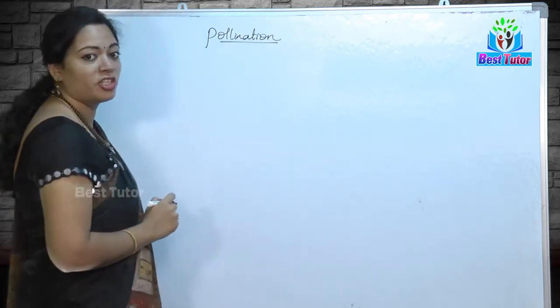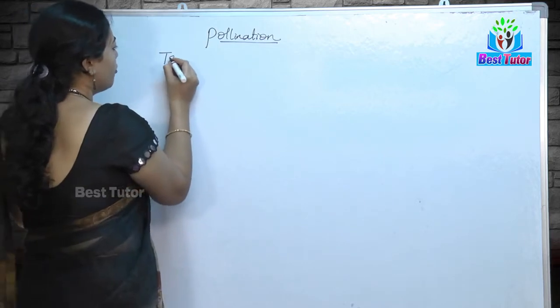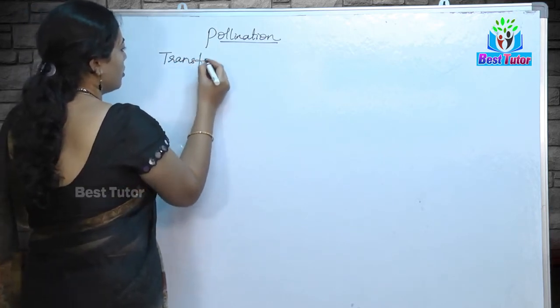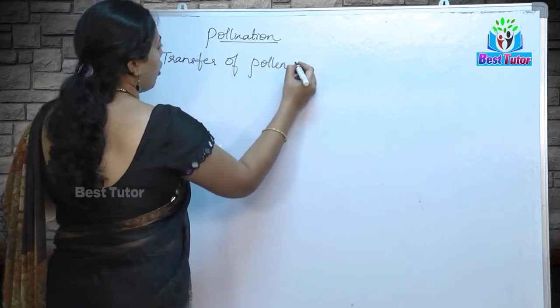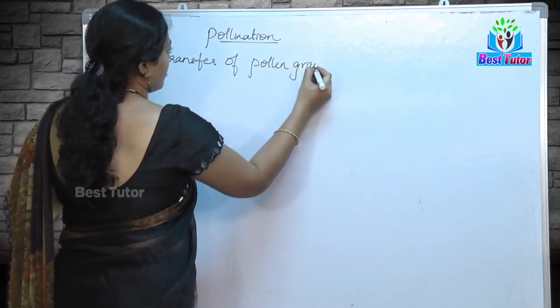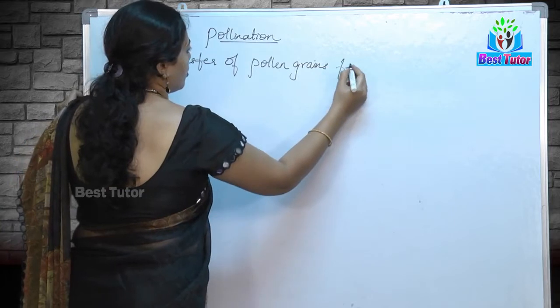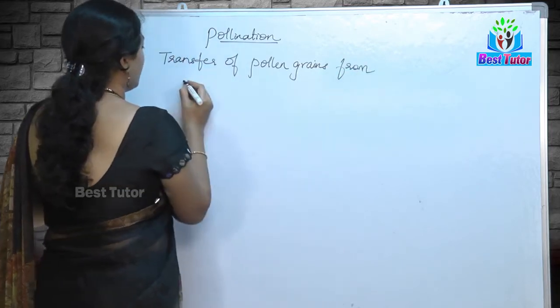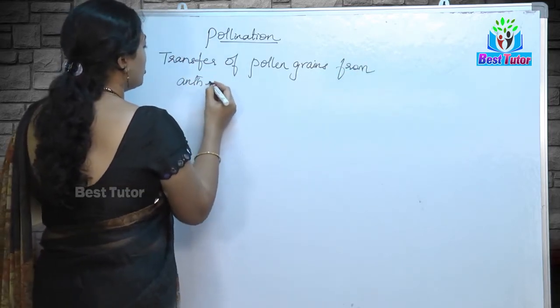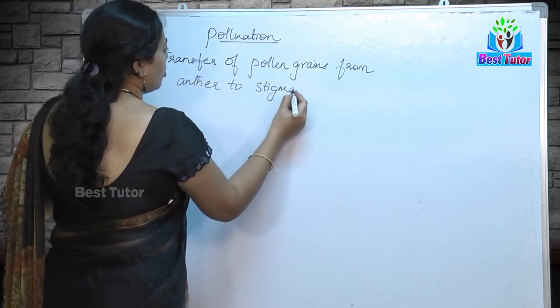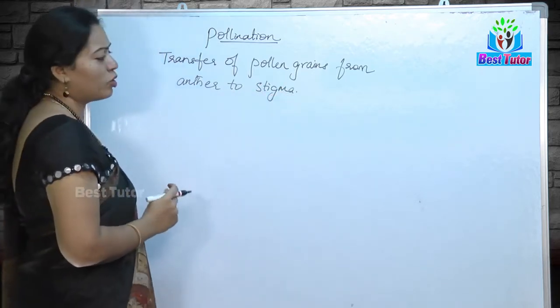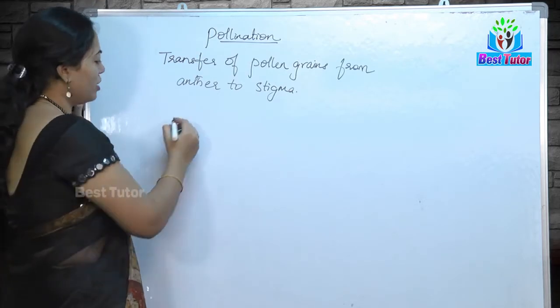The term pollination means transfer of pollen or pollen grains from anther to stigma. In the last videos we have learned about the structure of flower.